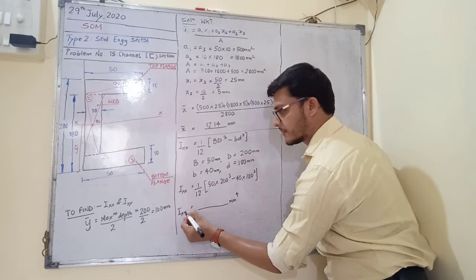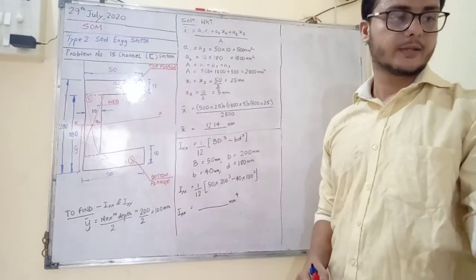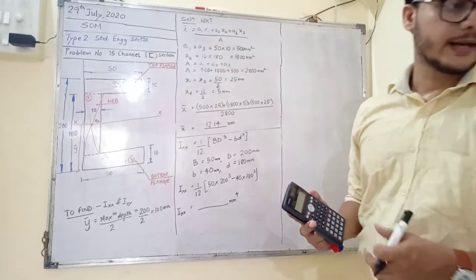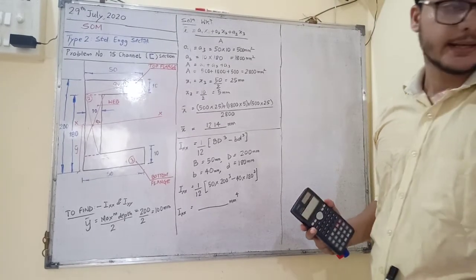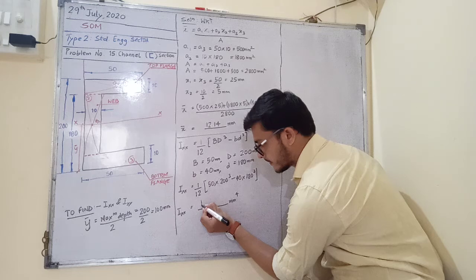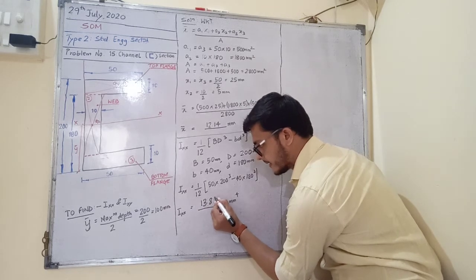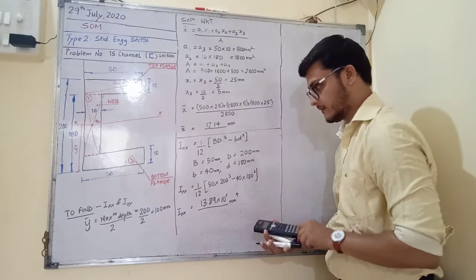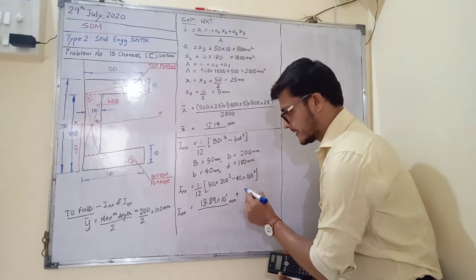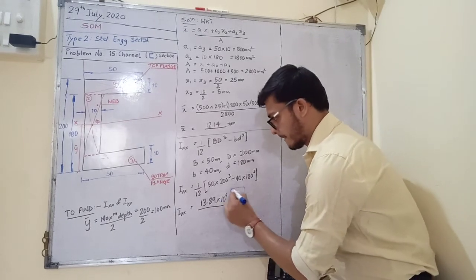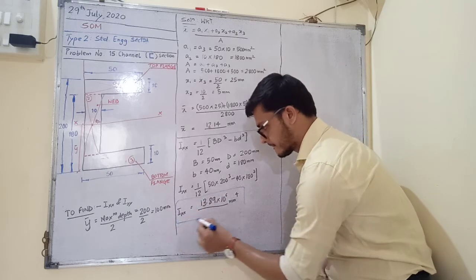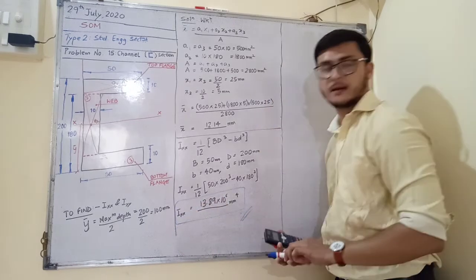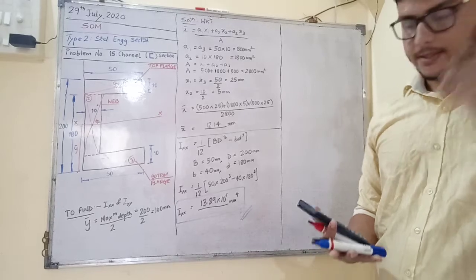So Ixx can be calculated with the help of a calculator. I am getting the value as 13.89 into 10 raised to 6. This is the value of Ixx of this channel section.